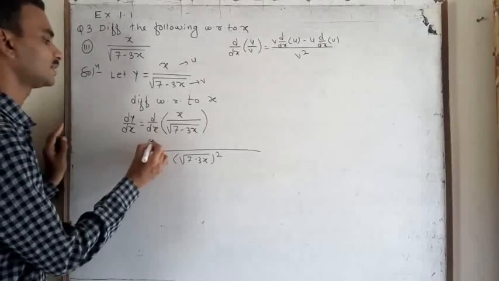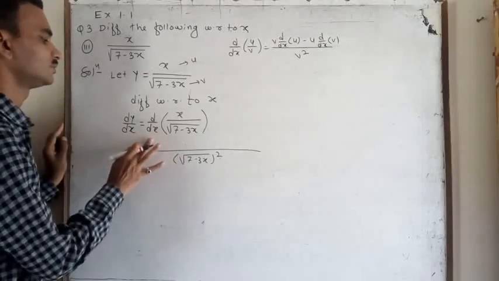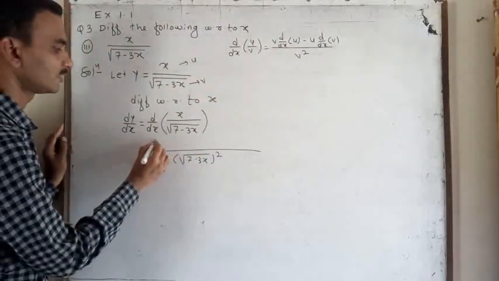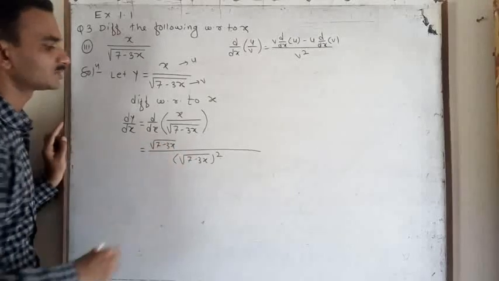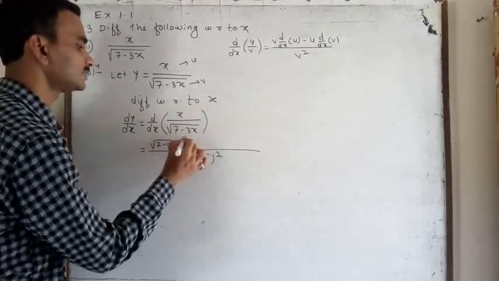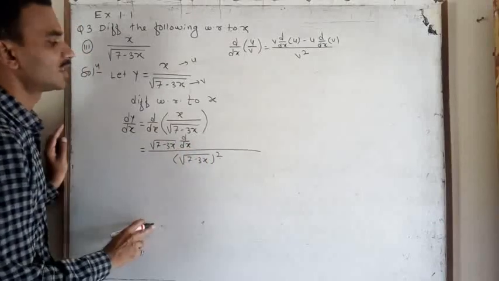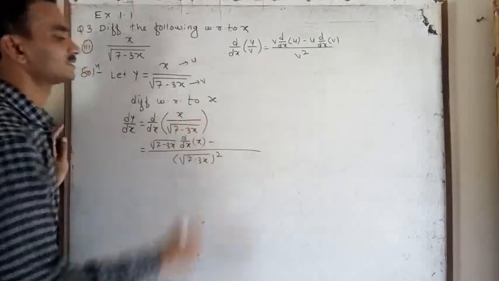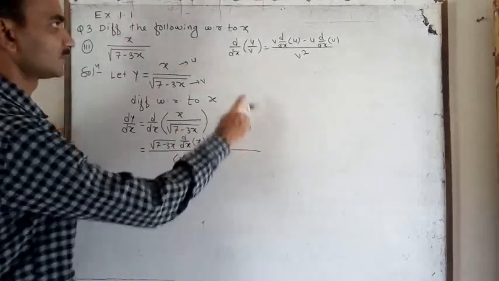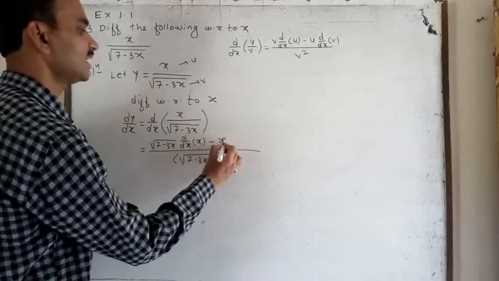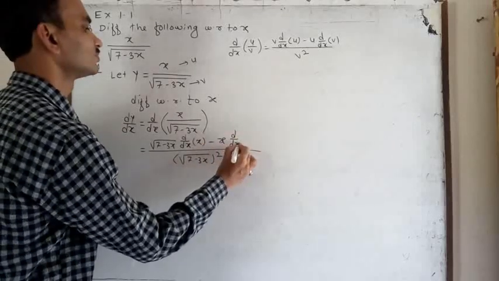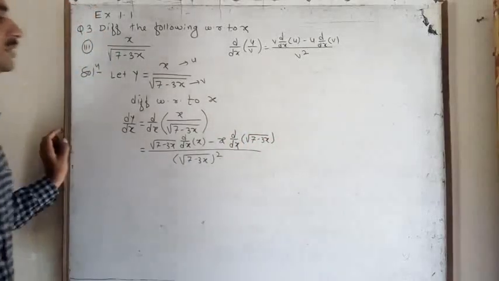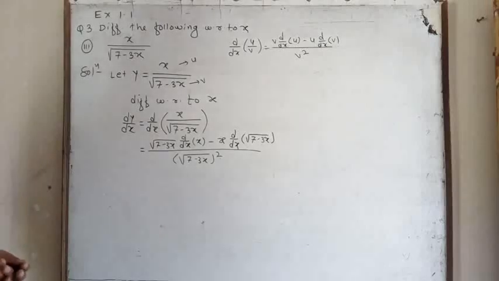Here v into d/dx of u, means v is 7 minus 3x under root, as it is, into d/dx of u, means x, minus u, means x, and d/dx of 7 minus 3x.